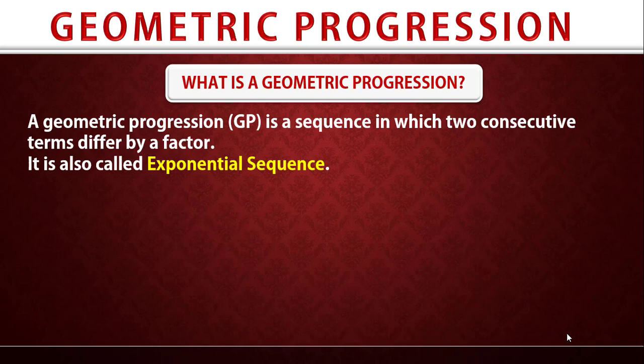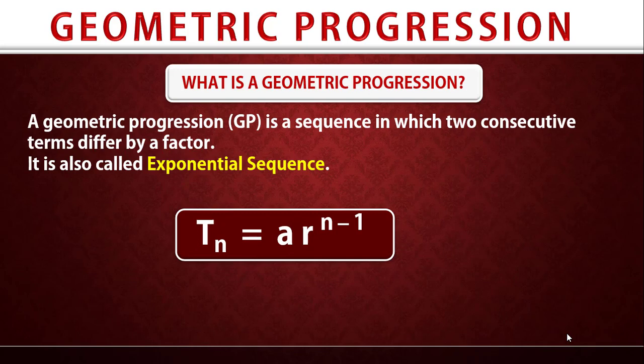Then I must tell you, you need to master the formula of the last term for geometric progression, and that's the formula that you use to find the last term or any term in a particular GP sequence. The formula is Tn equals AR raised to power n minus 1.